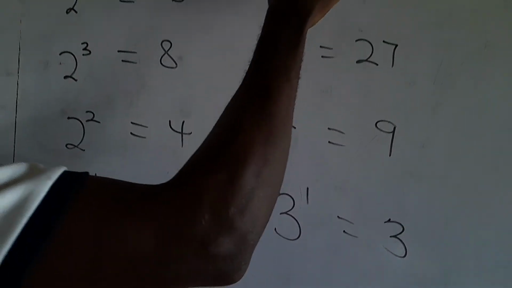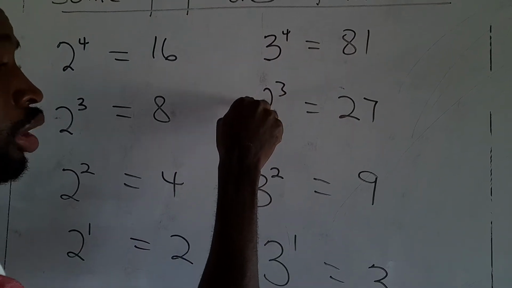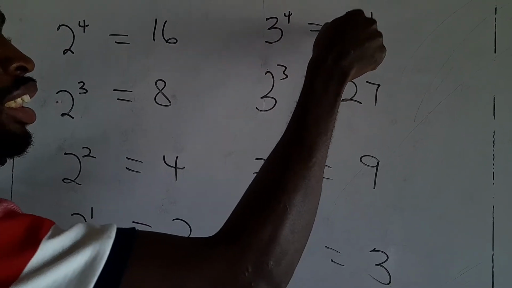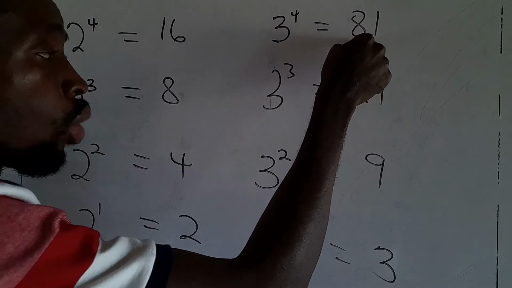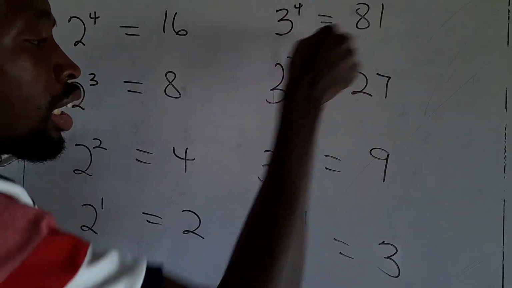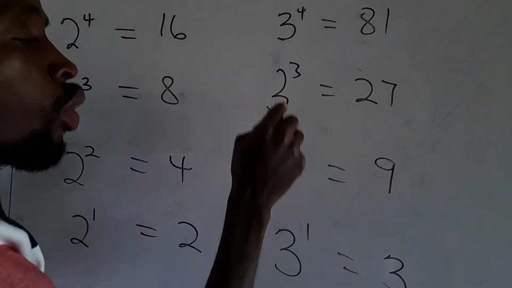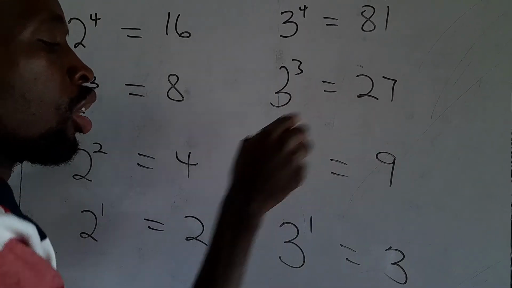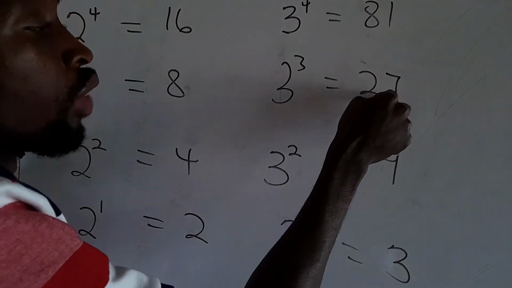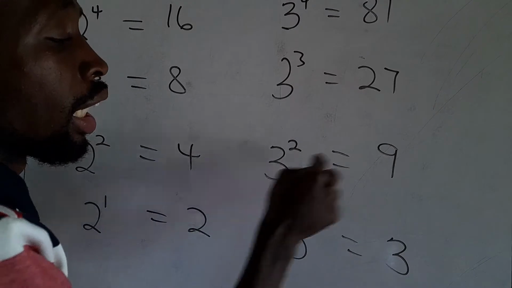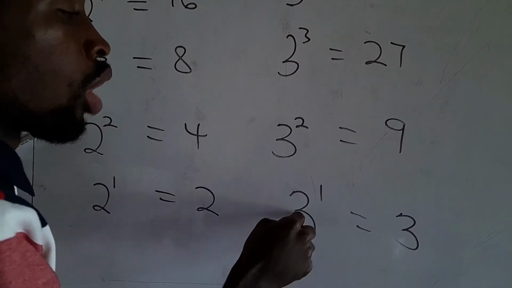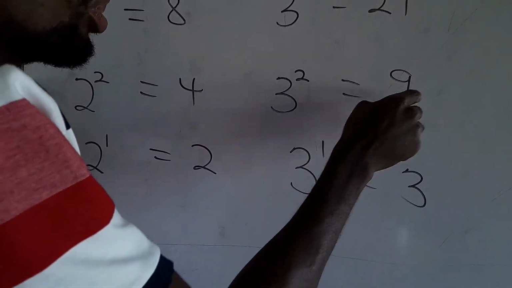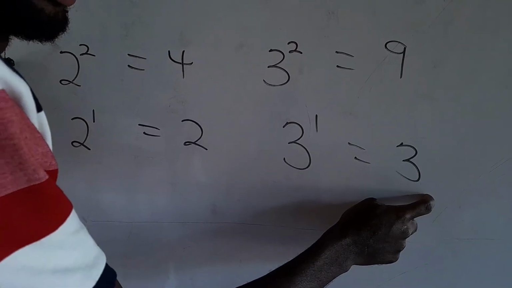So if we have 3 exponent 4 equal to 81, and we need 3 exponent 3, we just divide 81 by the base, which is 3. 81 divided by 3, 27. To get 3 exponent 2, we divide 27 by 3, 9. To get 3 exponent 1, we divide this by 3. So 9 divided by 3 is 3.